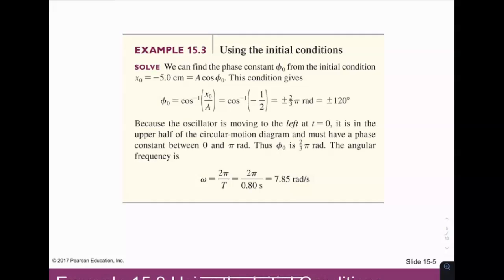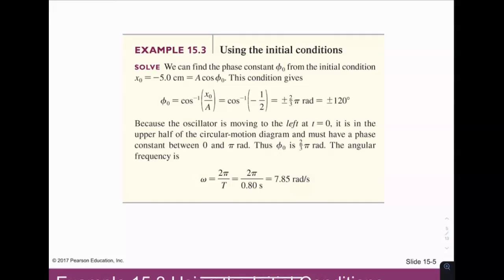At t equals 0, the initial position is minus 5.0 centimeters, and that's equal to A times the cosine of the phase constant. This condition allows us to solve for the phase constant equal to the inverse cosine of x0 divided by the amplitude, or inverse cosine of minus 1/2, which is plus or minus 2/3 pi radians, or plus or minus 120 degrees.